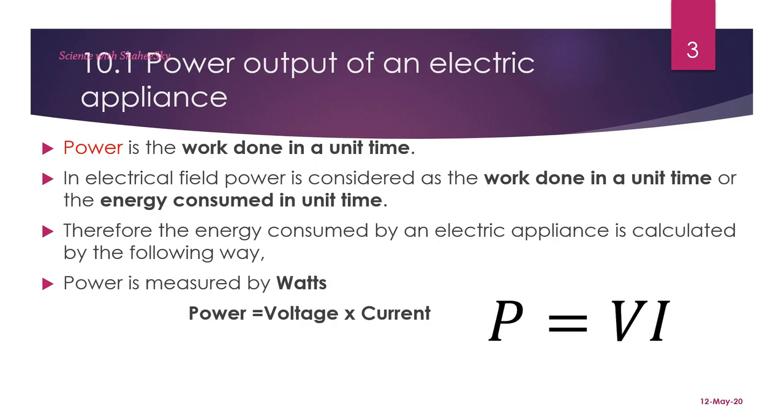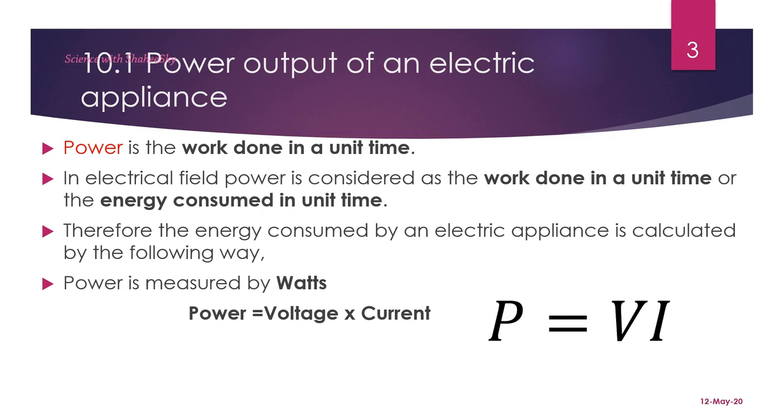Now we'll come to the next topic. How can we calculate the power output of an electric appliance? If we are using an electric appliance for household purposes, it consumes energy.